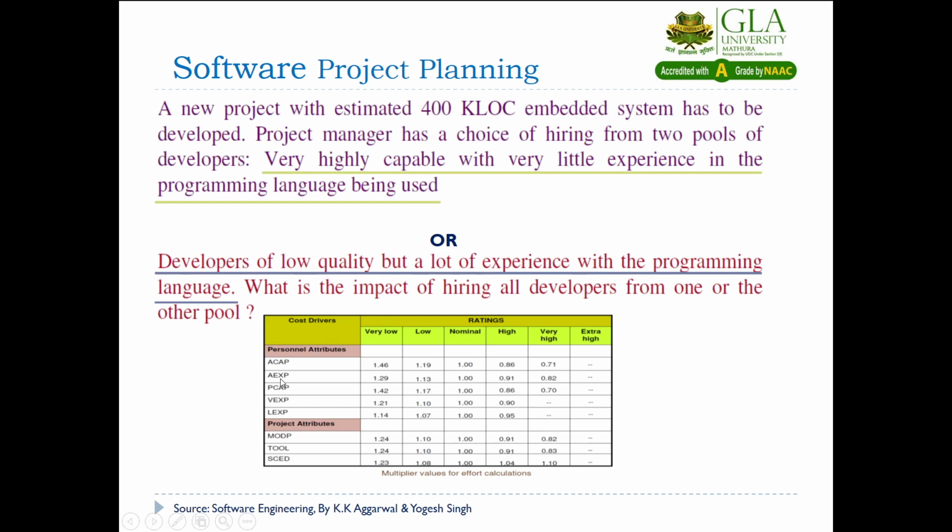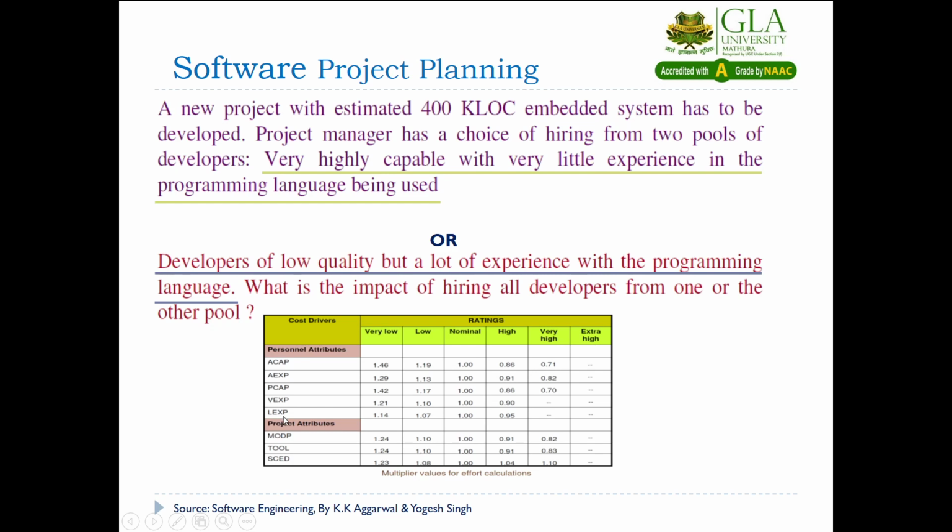So here we will take AEXP, that will give you 0.82. So EAF will be computed for the first case: 0.82 into 1.14. After that you will apply the second one, developers of low quality but a lot of experience with programming language.